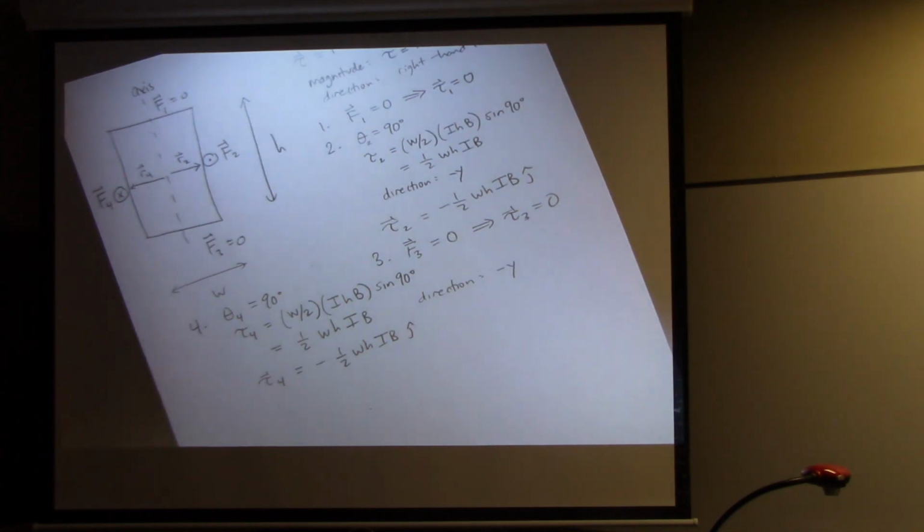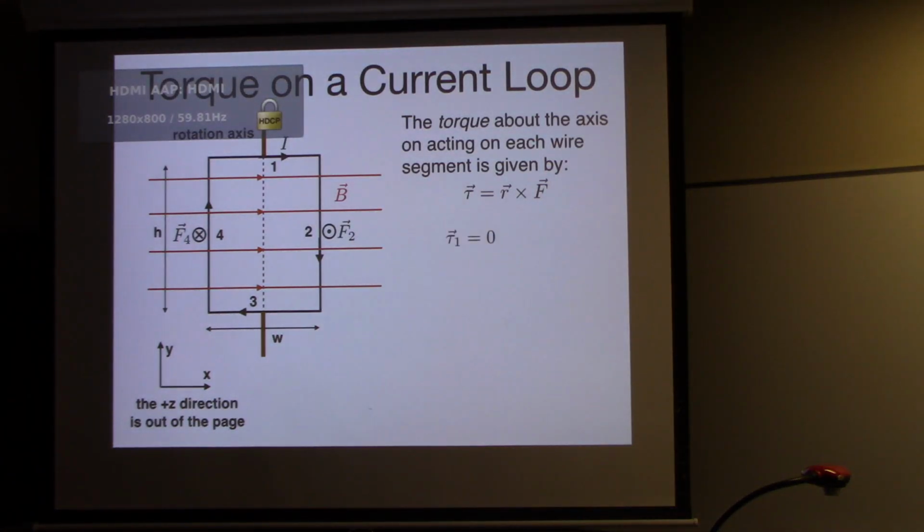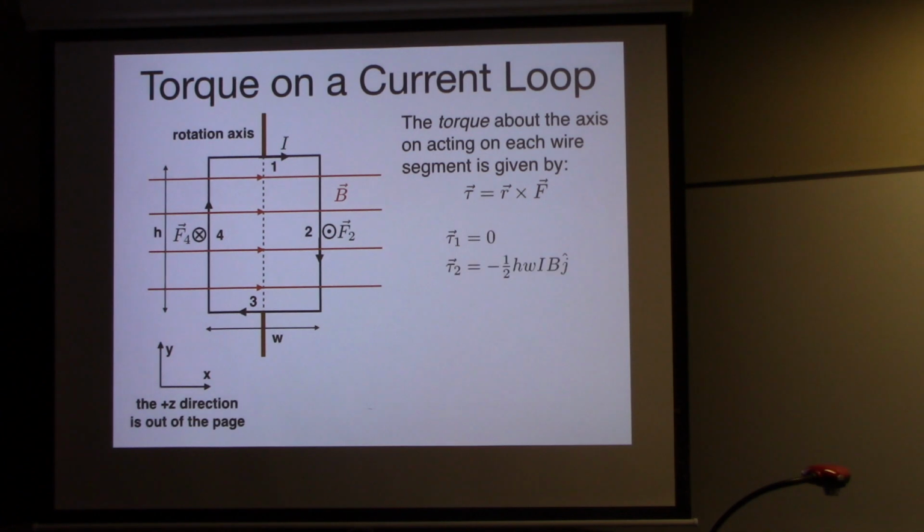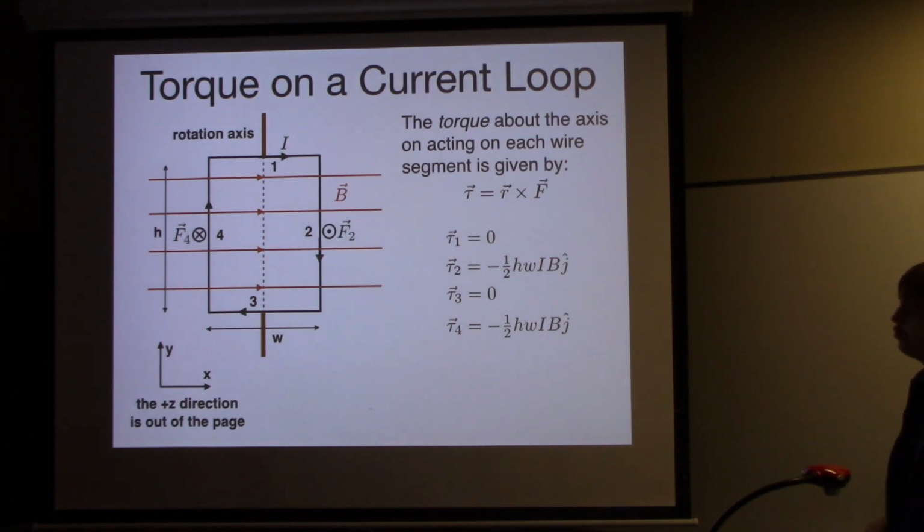Okay, so that was just a little bit of a side calculation so we can work out what these torques are. So to summarize, torque number 1 is 0. Torque number 2, minus 1/2 HW times IB in the y direction. Torque number 3, 0. Torque number 4, minus, again, 1/2 HW IB, J hat, meaning the y direction. Okay, so what we really care about is not what these individual torques are.